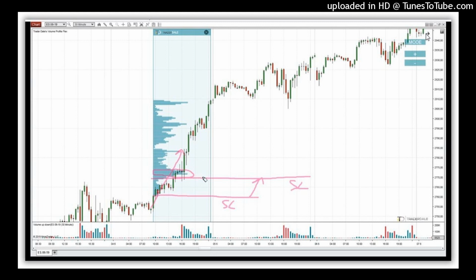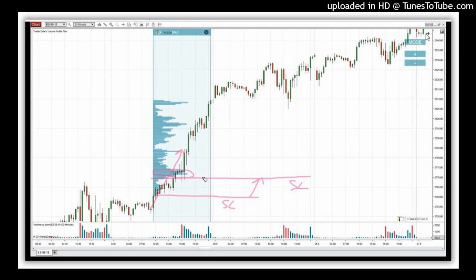Now let's talk a bit about volume-based take profit. The main rule here is that take profit goes into a heavy volume area. This is important. It's basically the opposite to the stop loss, because stop loss goes into a low volume area and take profit goes into a heavy volume area.